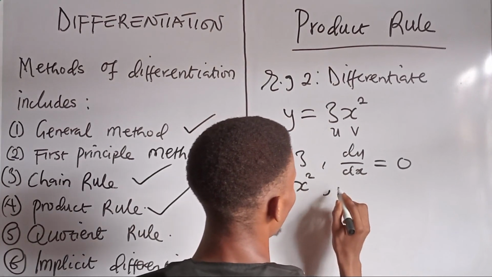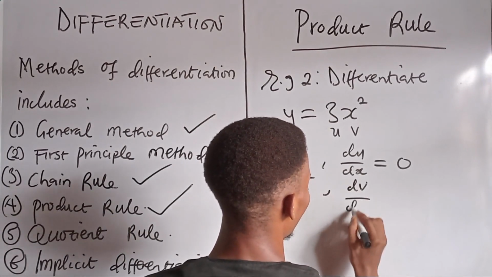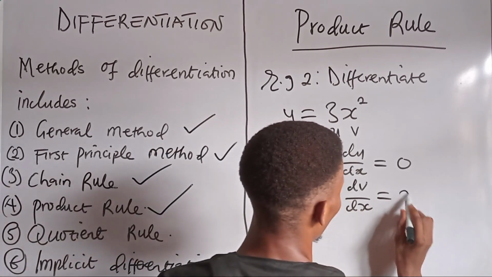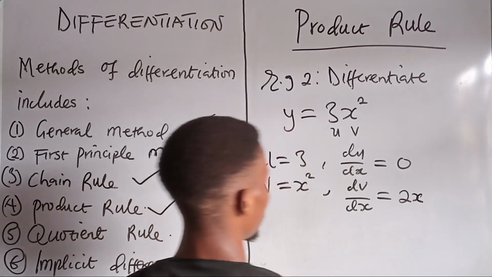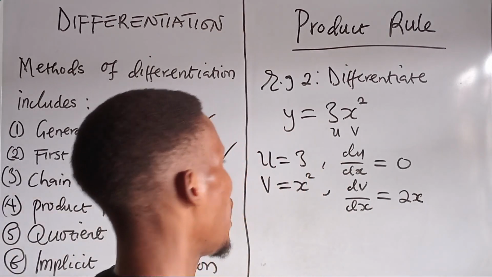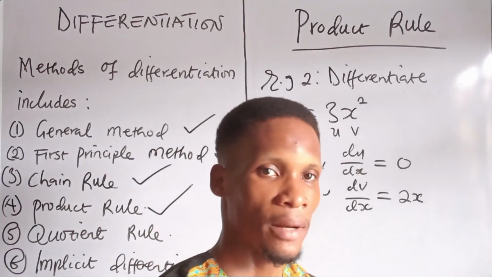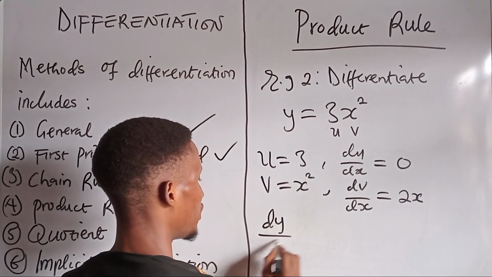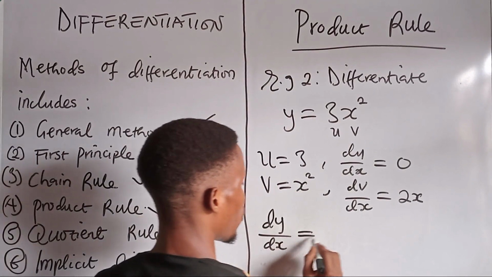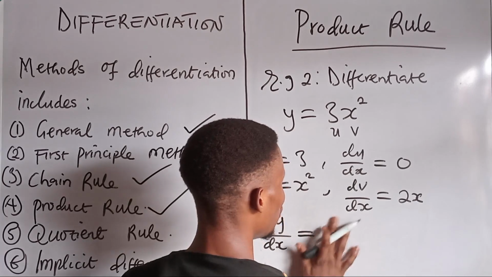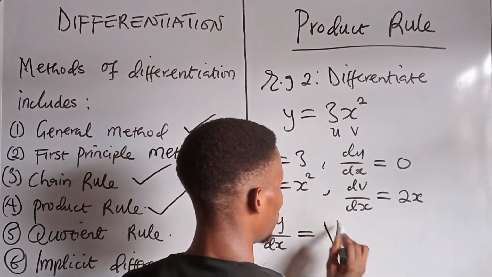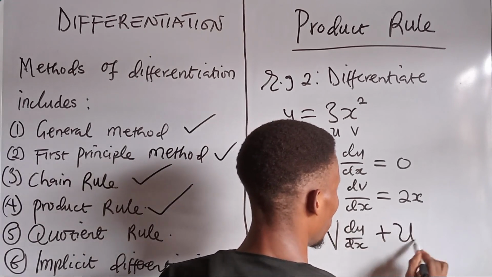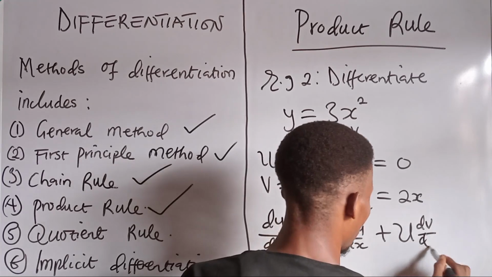Then dv over dx is equal to what? When the power comes down, it gives us 2x as the derivative of x squared. Now we can apply the formula, which says dy over dx is equal to v du over dx plus u dv over dx.